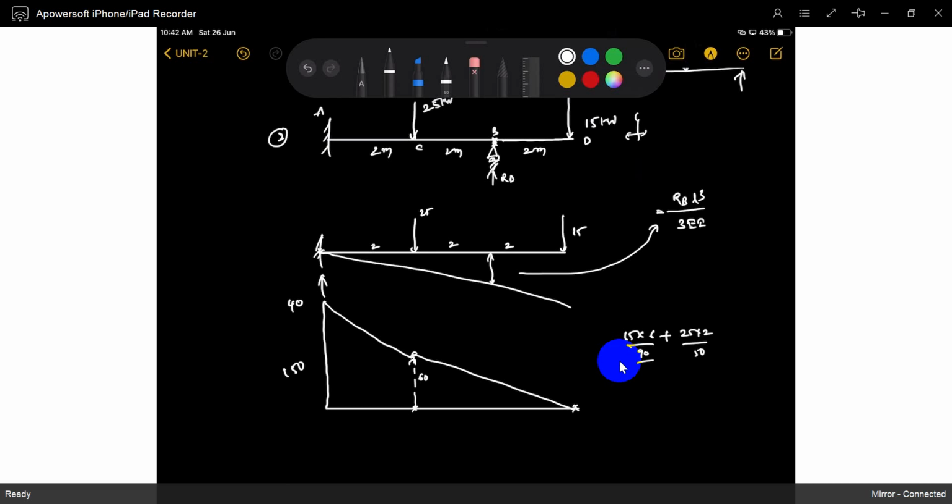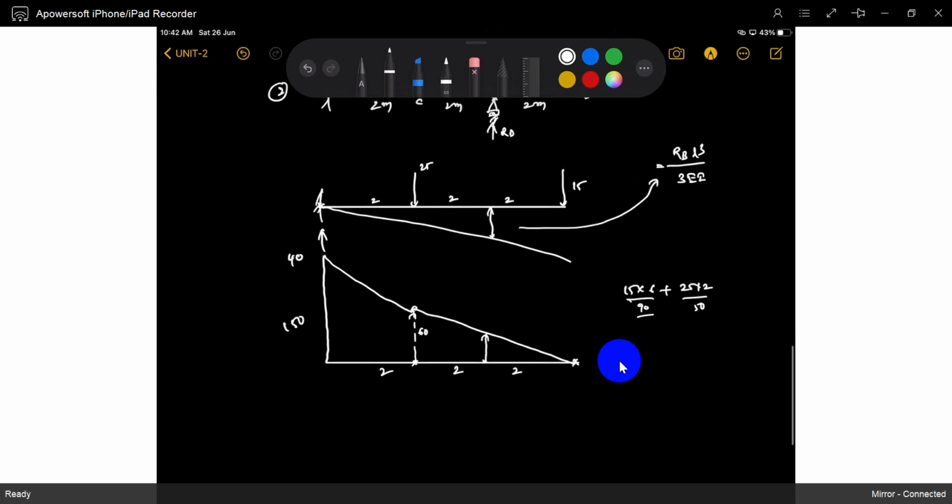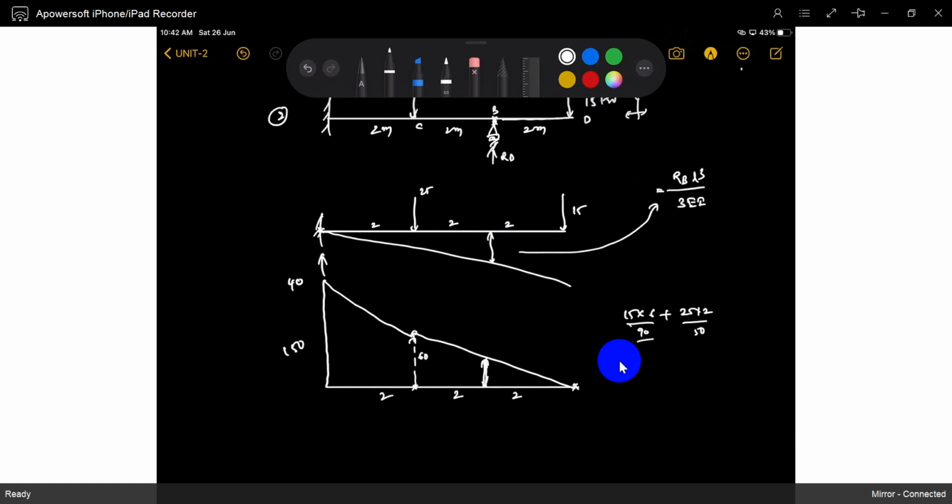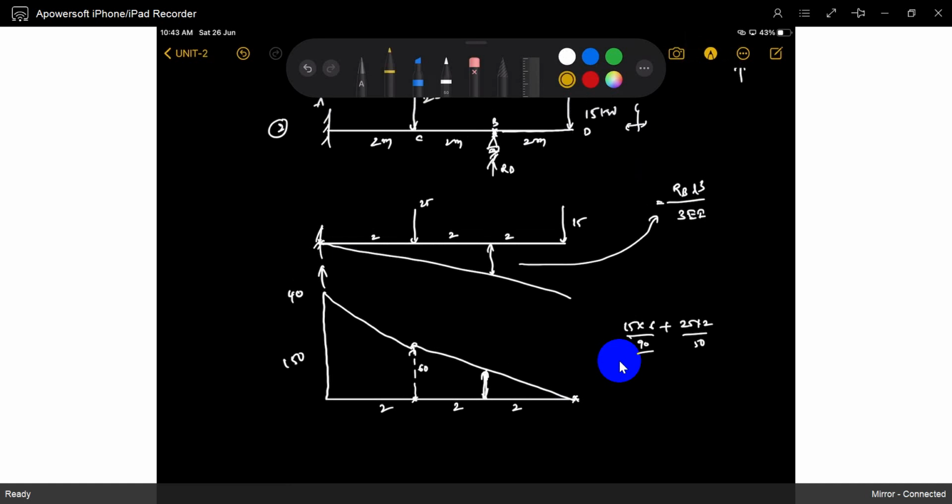But we want the deflection at one point. This is 2, this is 2, this is 2. If you want the deflection at this point, by the area moment method, what will we choose? We will choose another point. I will choose A, because A is fixed.